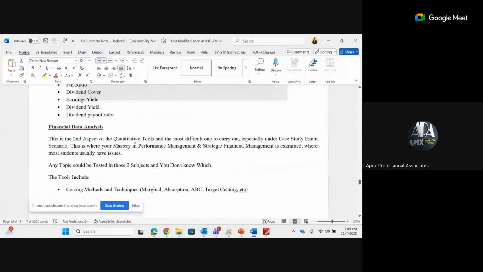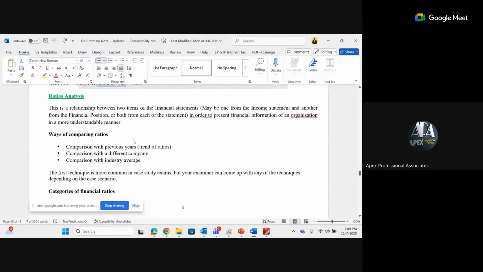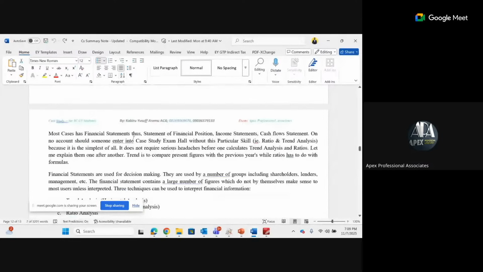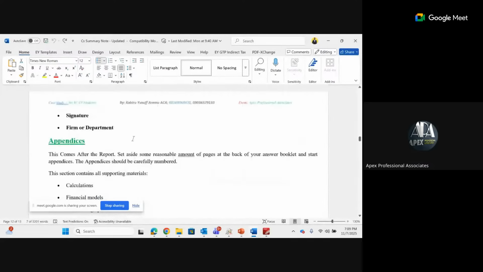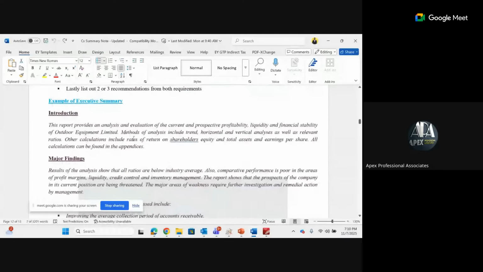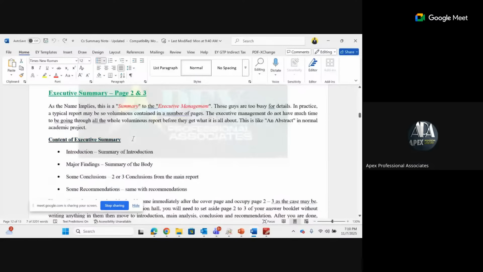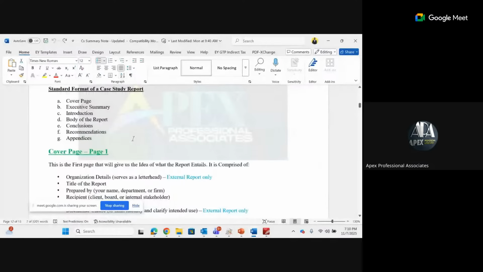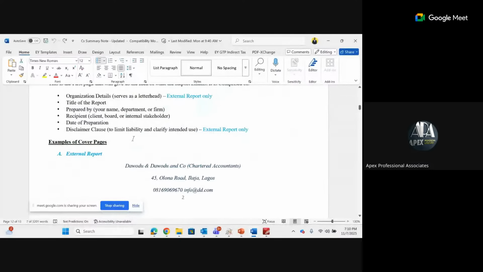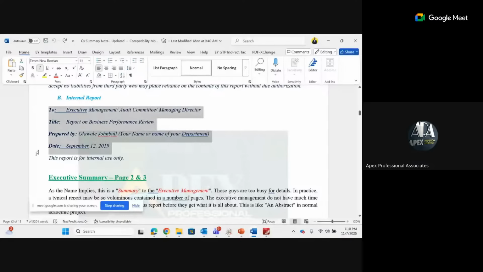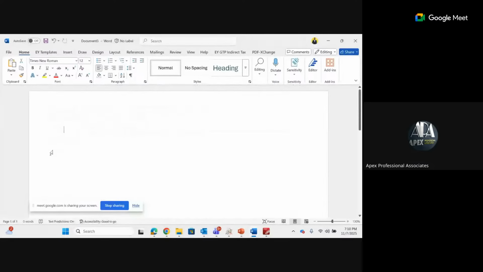Let's go back to the first introductory class, where we walked ourselves through how a cover page of an internal report should look. Yes, this is an internal report. Let me just copy this and bring it here.